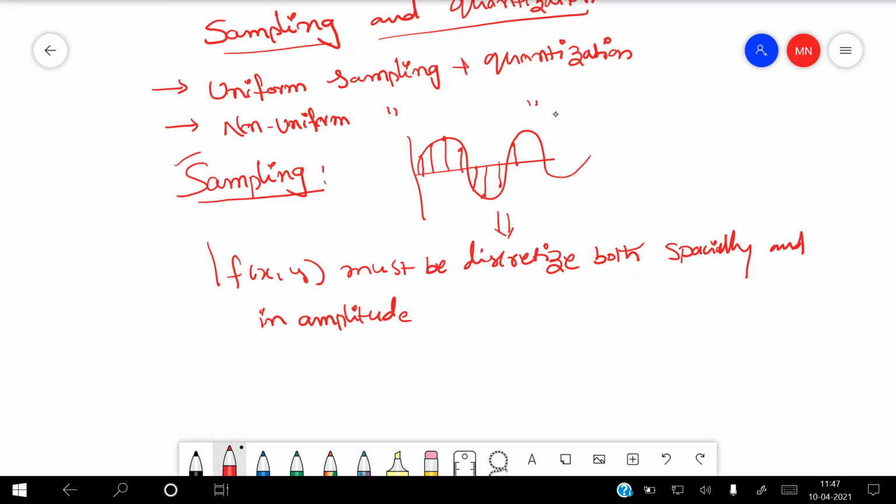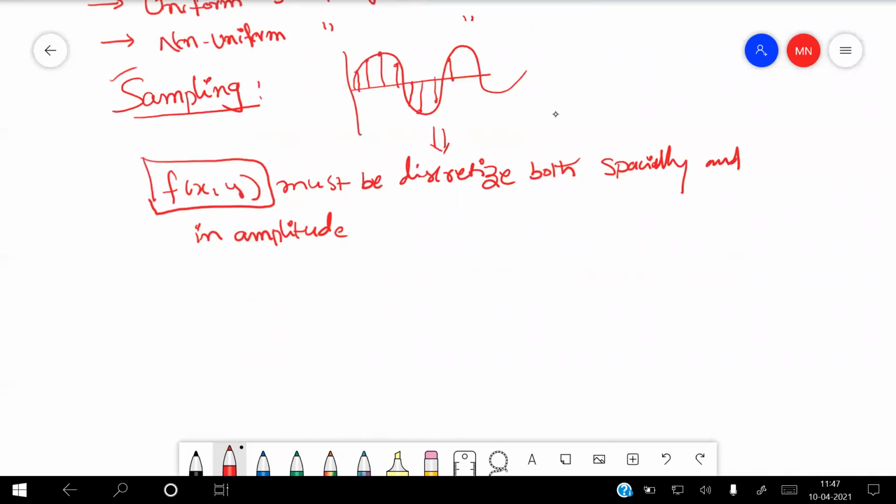So this is your image, right? In that image, x comma y are the two spatial coordinates that should be discretized, and f is nothing but the amplitude.